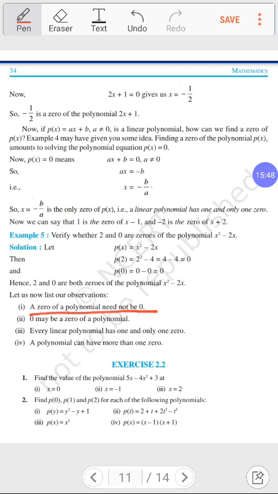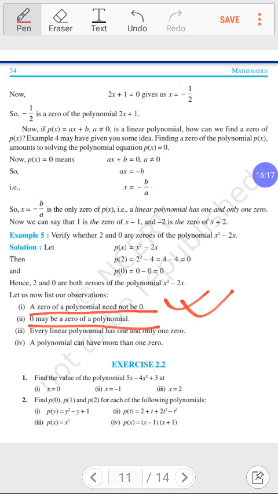So if you combine the first and second lines, it will become clear. See, the second line is: 0 may be a zero of a polynomial. That means 0 can be a zero of a polynomial, but it is not necessary that only 0 will be the zero of a polynomial. That is being said in these two lines. Okay.